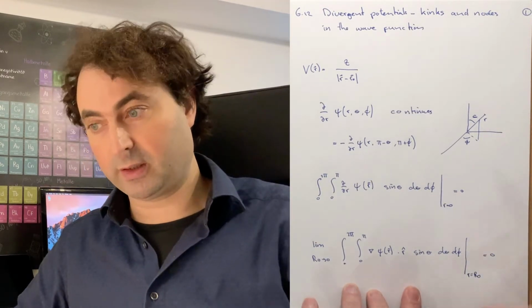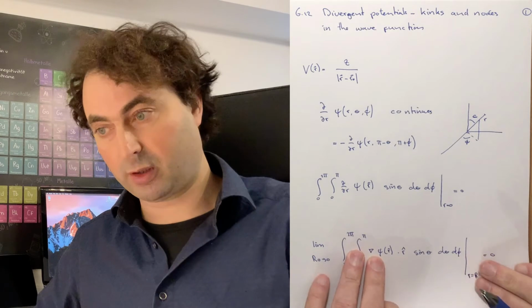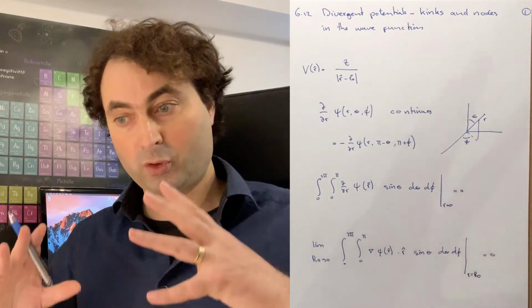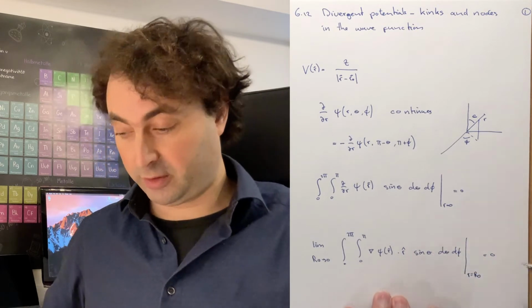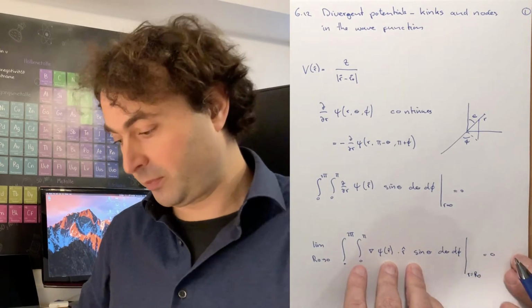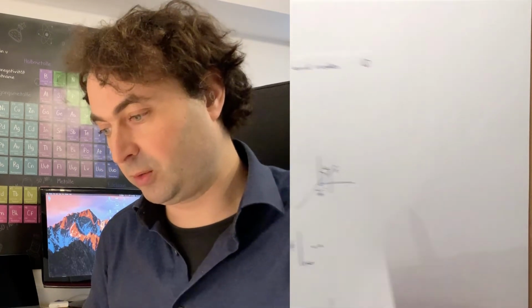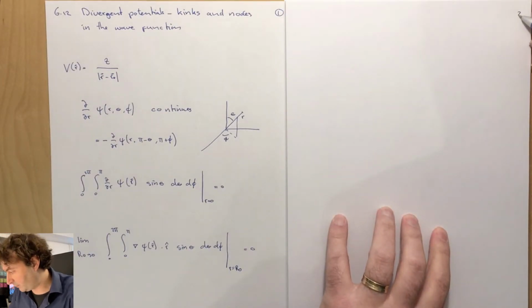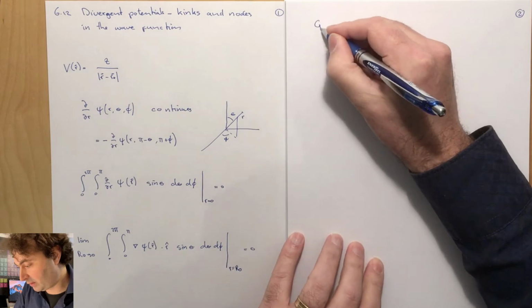And the reason to write it like this is that we now can use Gauss' theorem, because here we have an integral over the surface of a volume, which we choose to be spherical, and we now can relate this to the integral over the volume of the sphere. So we use Gauss' theorem.